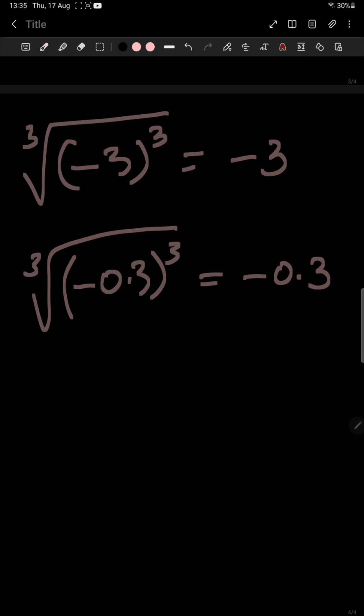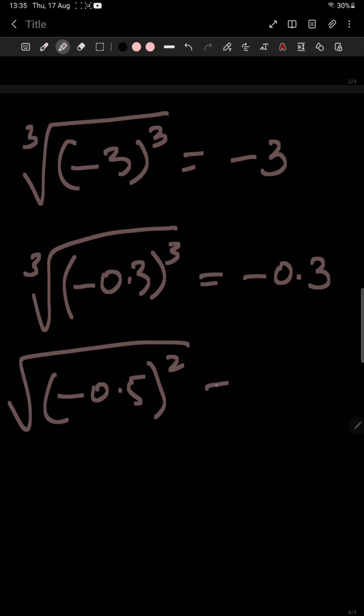Now the number is the square root of (minus 0.5) squared. As we have done earlier, the answer will be 0.5, because the negative sign in this square will make it positive and the number will remain the same because the square root is cancelled with the square. So finally our answer will be 0.5.